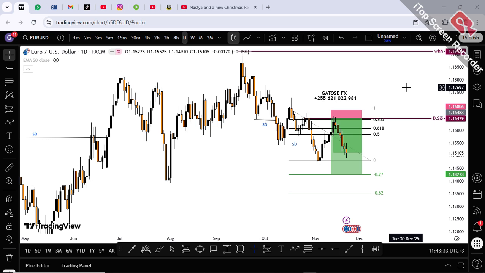But it's very important to understand the higher time frame momentum, whether being aligned with retracement or continuation. But for EU, for the past 2 weeks, it has been a very beautiful bearish continuation trend.